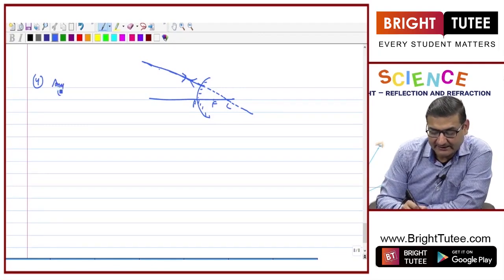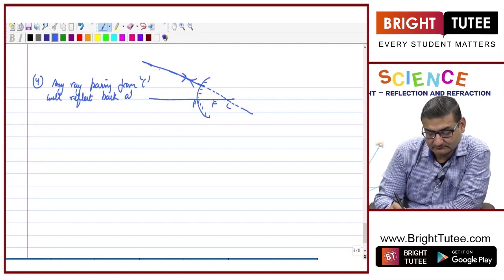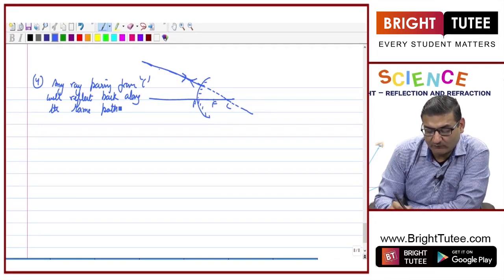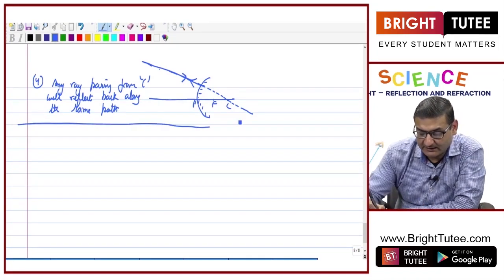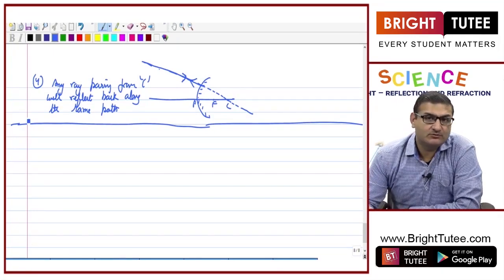So, any ray passing from the center of curvature, that is C, will reflect back along the same path. Right. So, we have these four rules which will tell us what exactly will be the path of the ray.